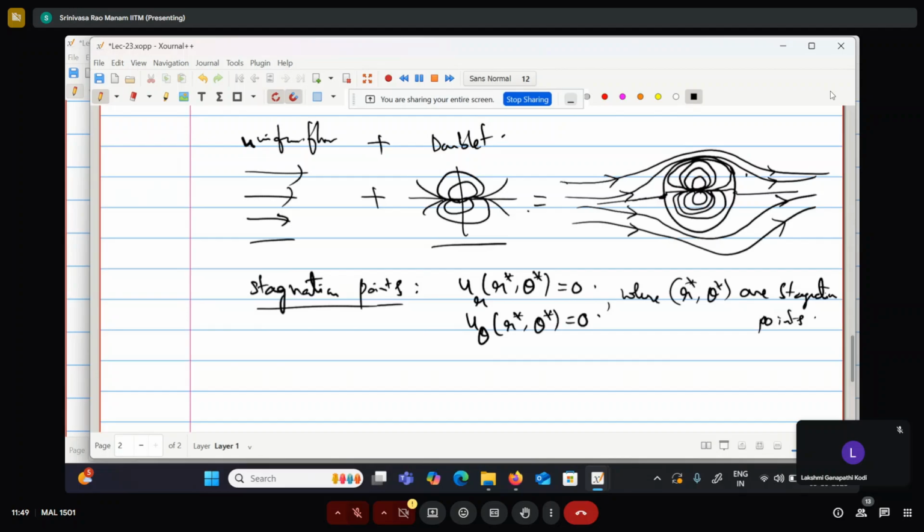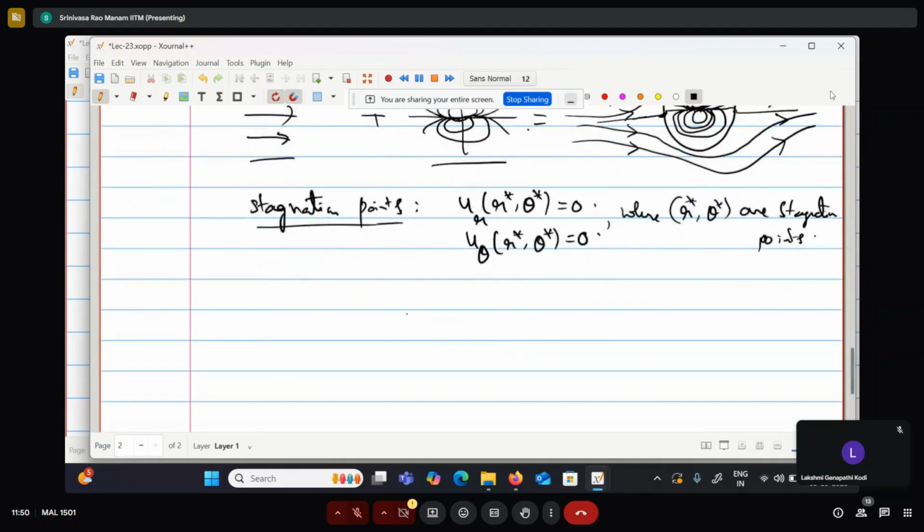Once you know the stagnation points, let us say one point is a stagnation point, what is the streamline passing through a stagnation point?